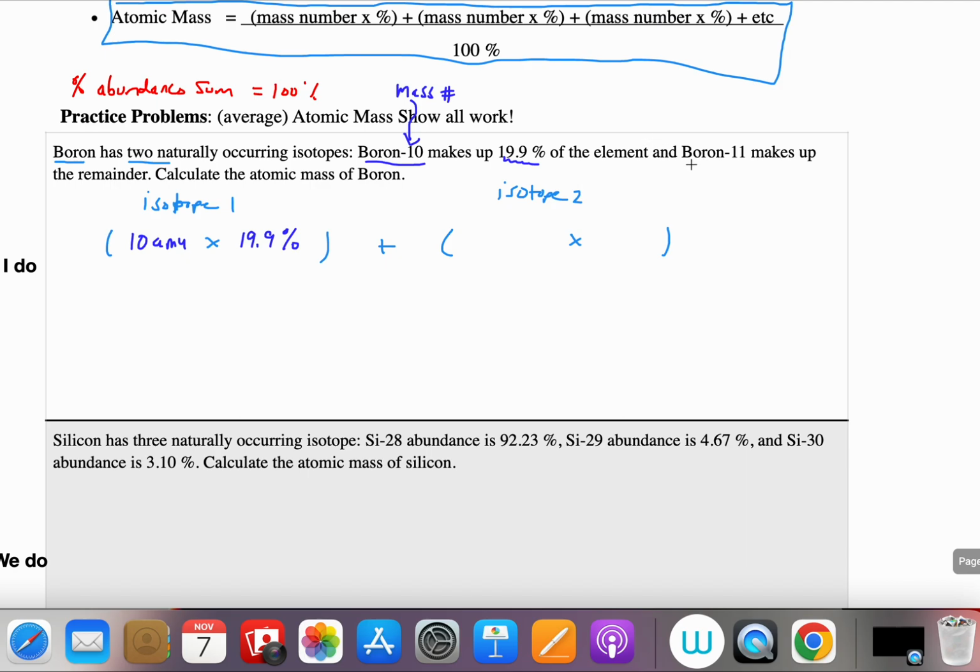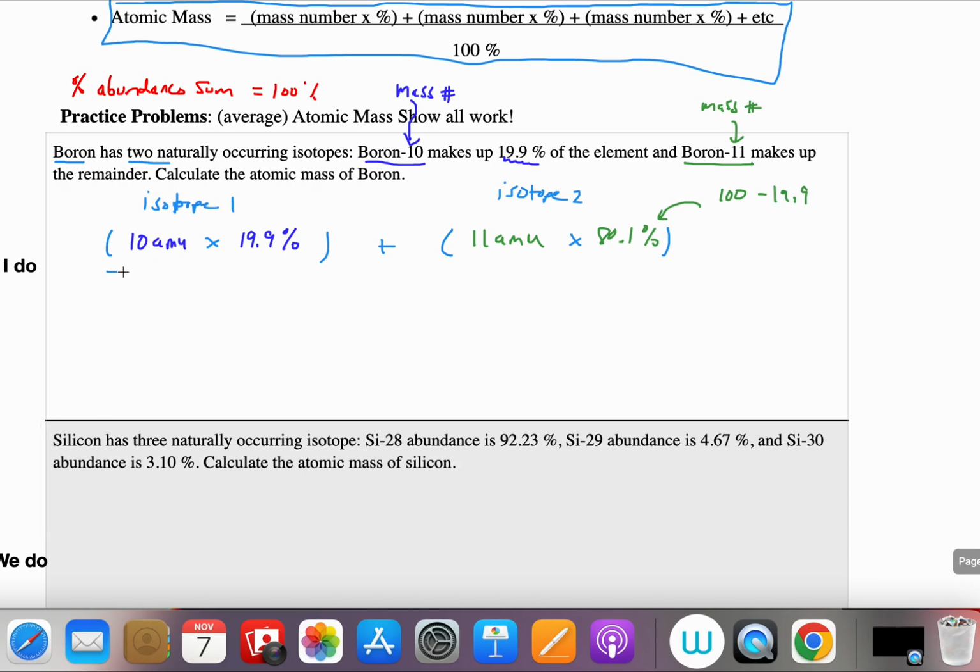The second isotope is boron 11, so we'll use 11 AMUs as its mass number, and it makes up the remainder of the element's abundance. So I would calculate 100 minus 19.9. Boron 11 makes up around 80.1% of all boron atoms.